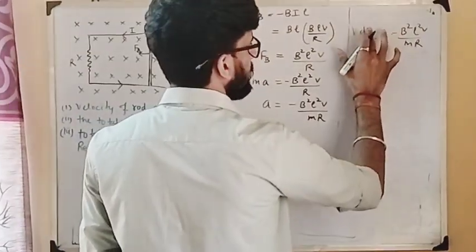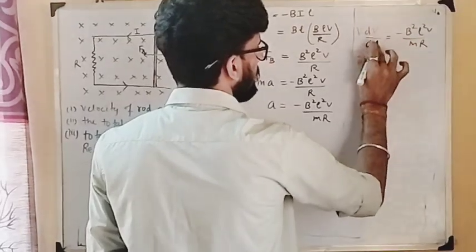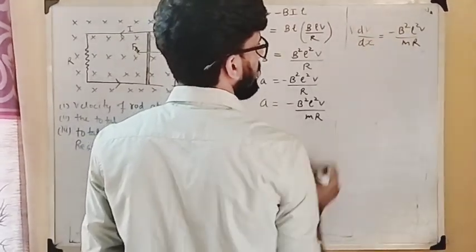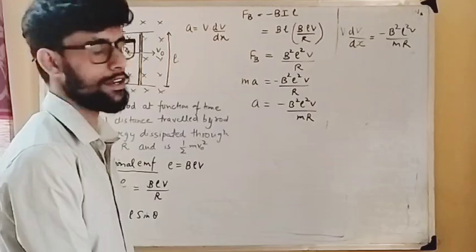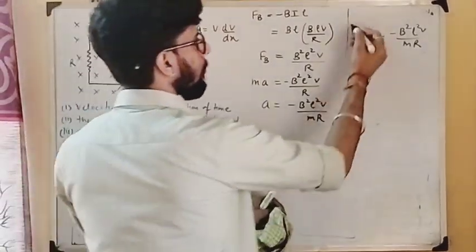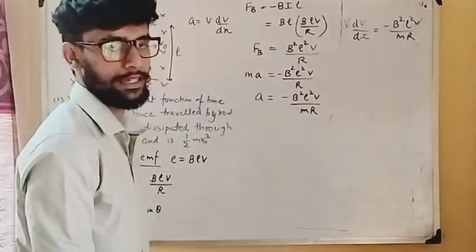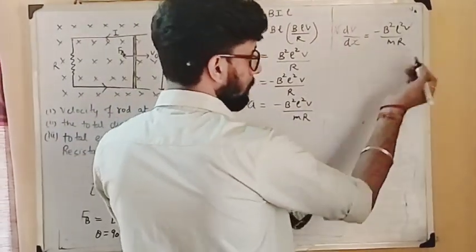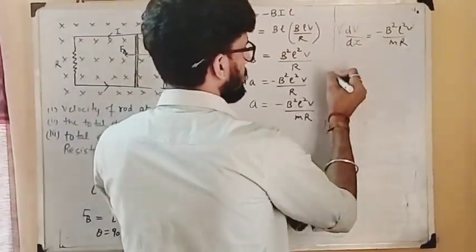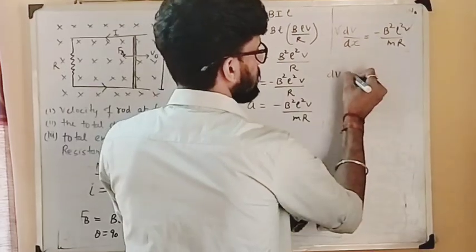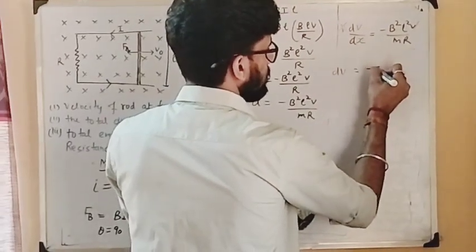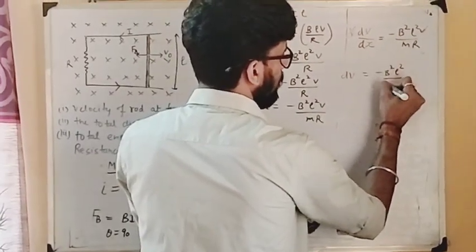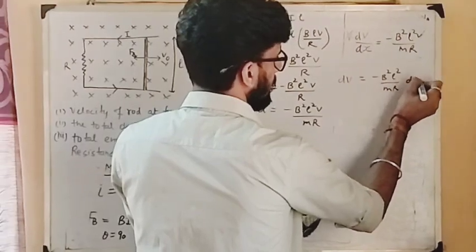So from here we can write v dv upon dx is equal to minus B squared L squared v upon mR. From here v can be cancelled, and using this relation we can again use the variable separable method: dv is equal to minus B squared L squared upon mR dx.